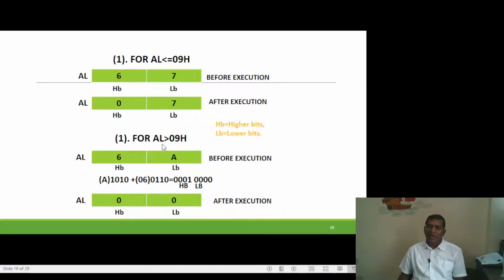Another case, if AL is greater than 09 after addition, then 6 will be added to that and the higher bits will be set to 0. This is the final result after execution. If it is 6A, then it will be converted to 00.